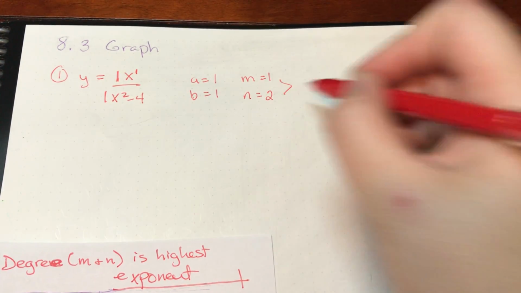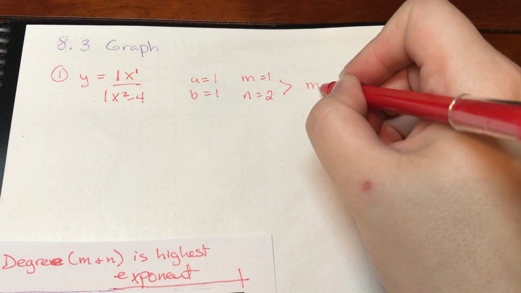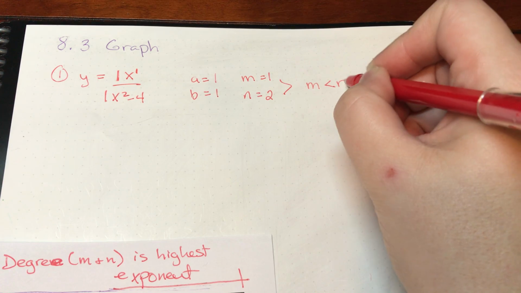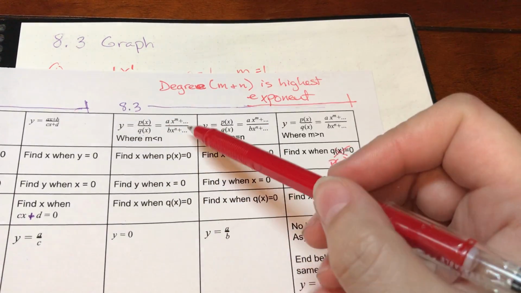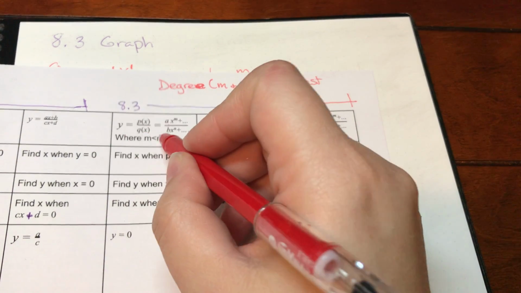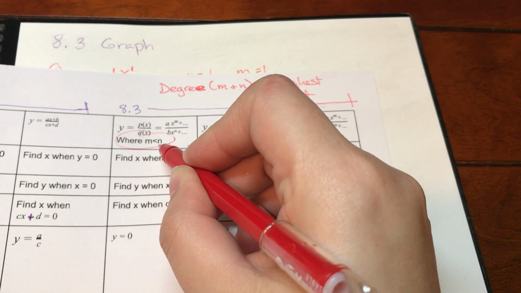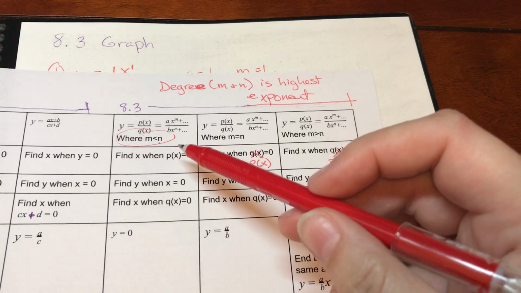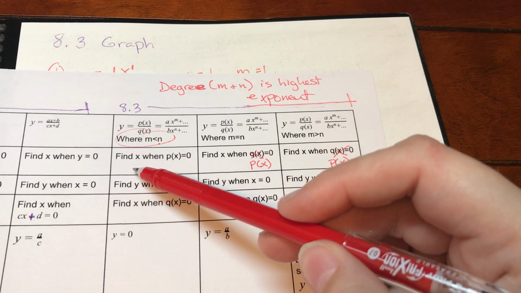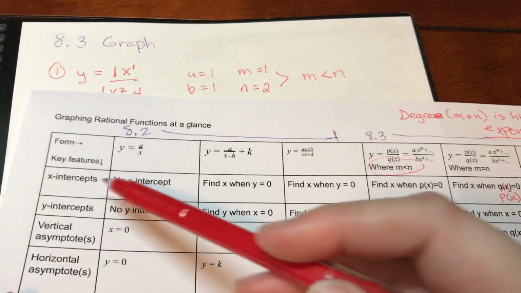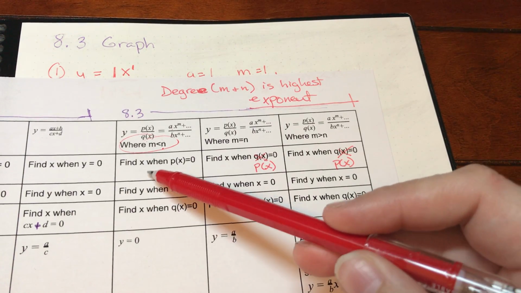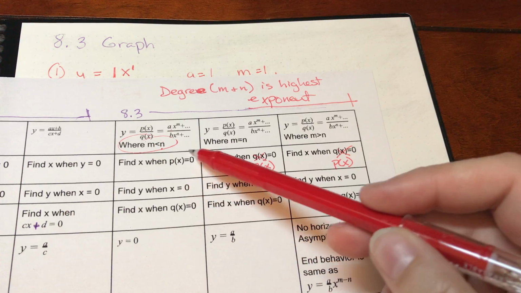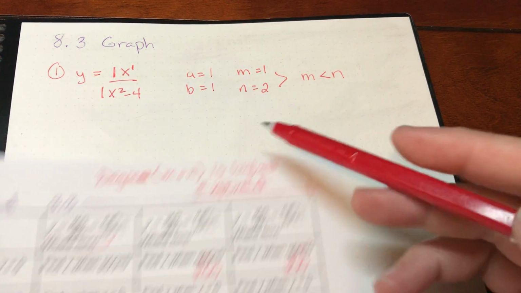From this, I see that M is less than N. So I'm going to look at that column on my chart. M is less than N. Then it says to find the x-intercepts. To find the x-intercepts, I'm finding x where p of x, the numerator, equals 0.